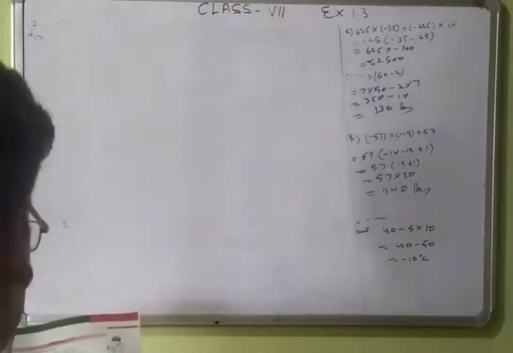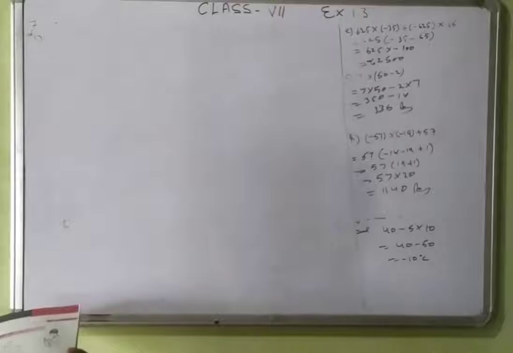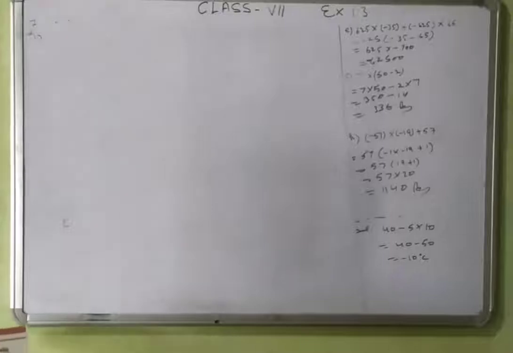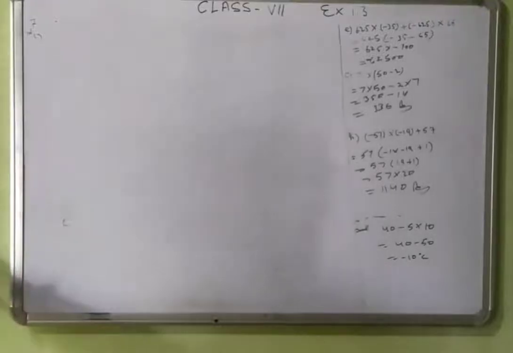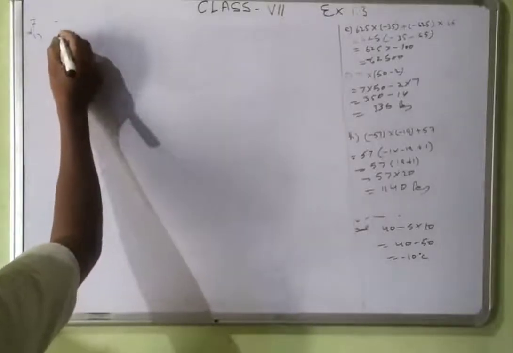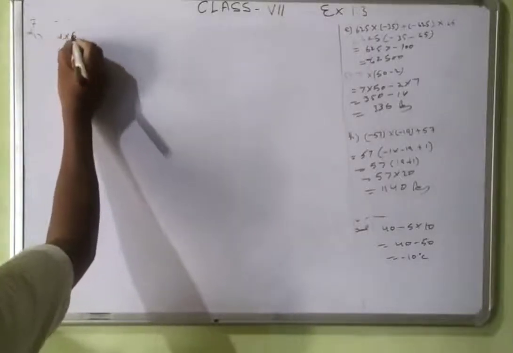In a class test containing 10 questions only, 5 marks are awarded for every correct answer and minus 2 marks for every incorrect answer, and 0 for questions not attempted. So first of all, Mohan gets 4 correct. 4 correct means 4 into 5.